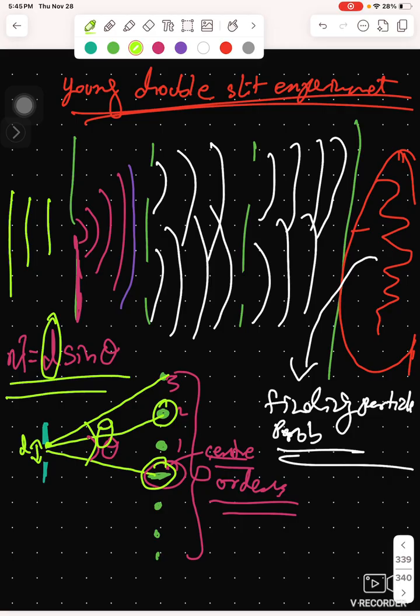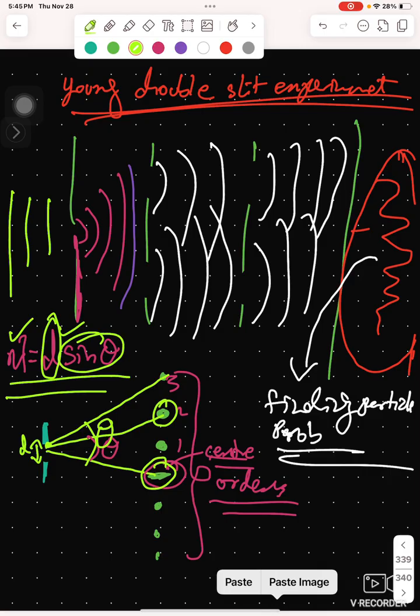I'm sorry, wait. n was the grating order, and d is the slit gap. We mostly say it as the number of lines per meter. We say grating spacing as number of lines per meter, and this is sine theta, the angle which is made, and amplitude here is nothing but the amplitude of the wave.